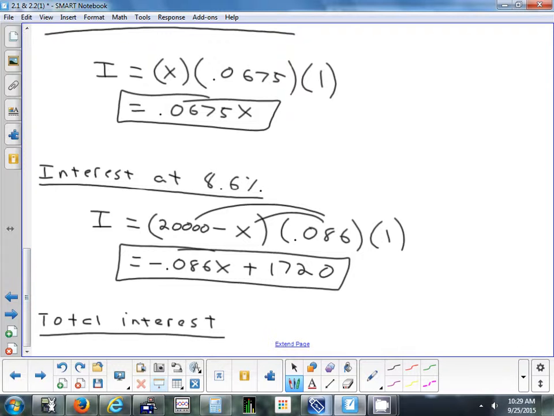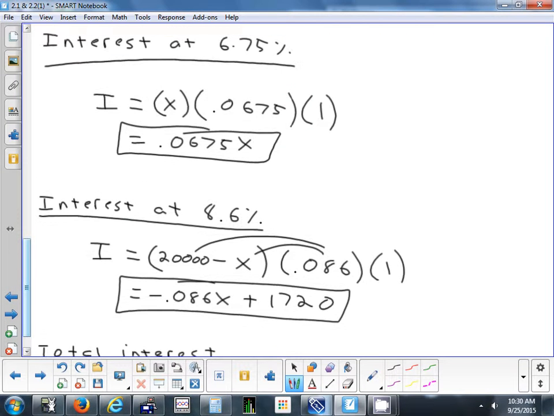Now I want to know the total. Well, think of it this way. If you worked and earned money from one job, and then you worked at another job and earned money there, you'd have two sources of income. And if you wanted to know the total, you'd take how much money you earned at your first job plus how much money you earned at your second job. Well, it's the same idea here. He's got two sources of interest.